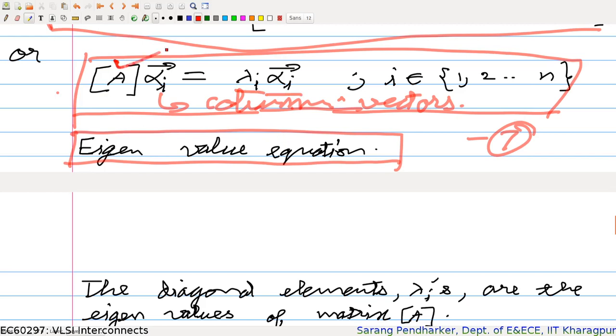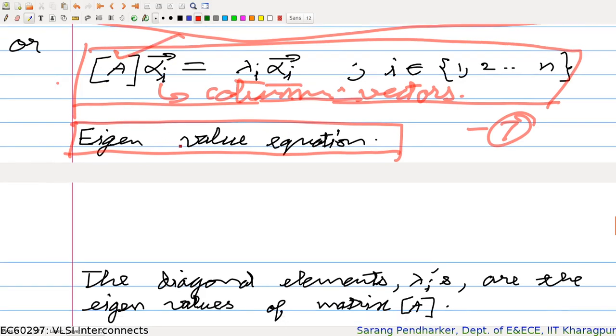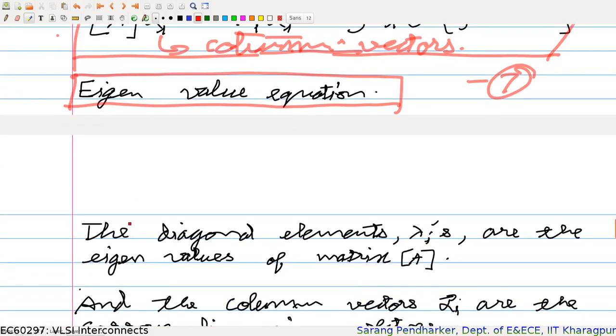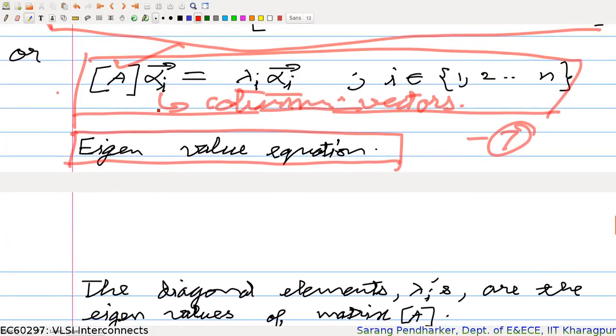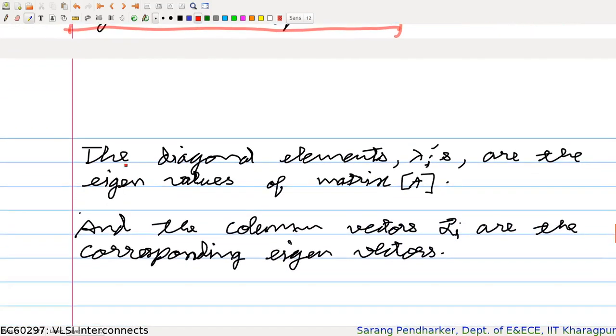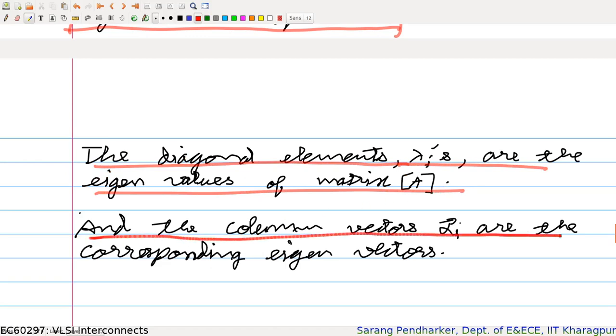What is known is only A. So for A, we can solve this eigenvalue equation and get lambda i's and alpha i's. So the diagonal elements lambda i's are the eigenvalues of my matrix A, and the column vectors alpha i are the corresponding eigenvectors.